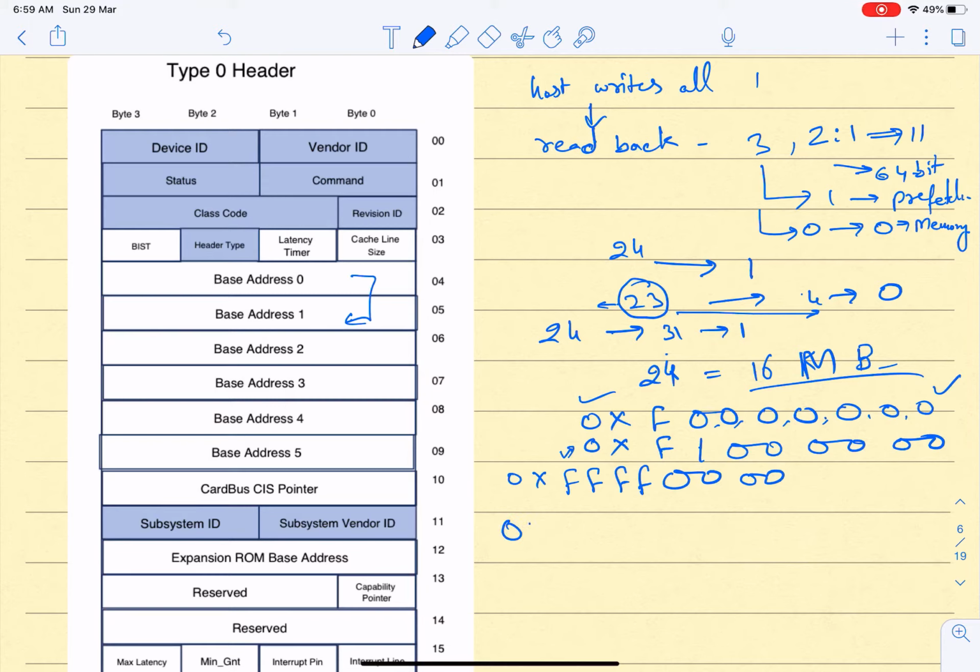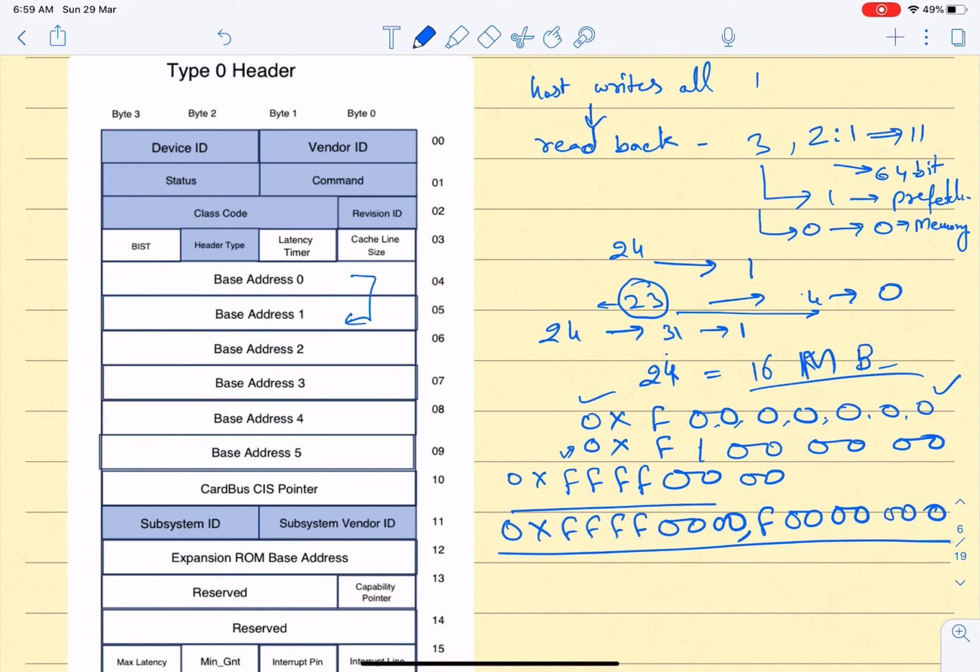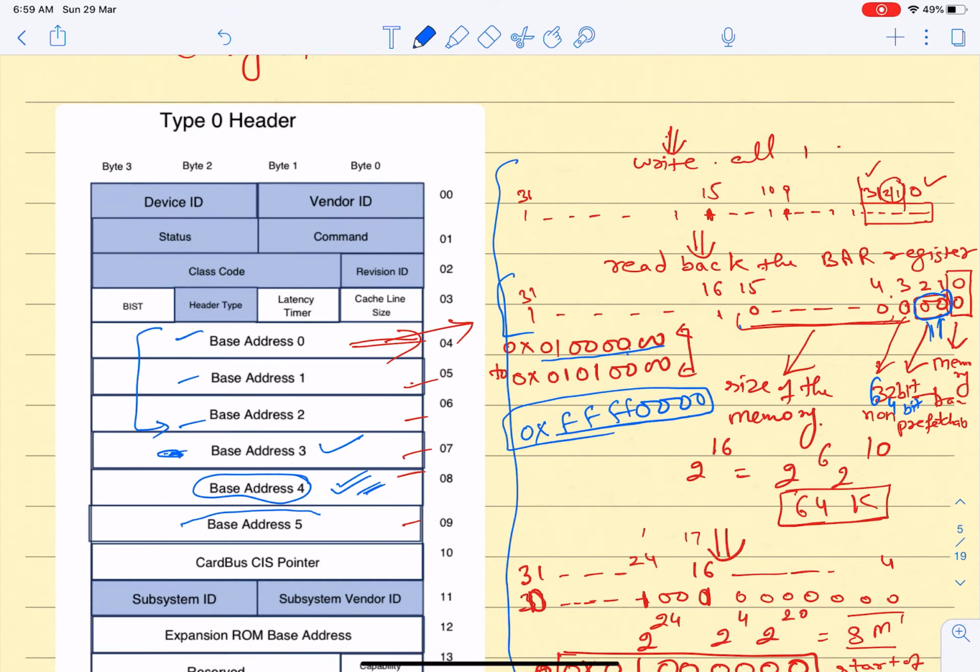The base address will become FFFFFF0000 F00, and so on. So this will become the base address in the 64-bit address space.